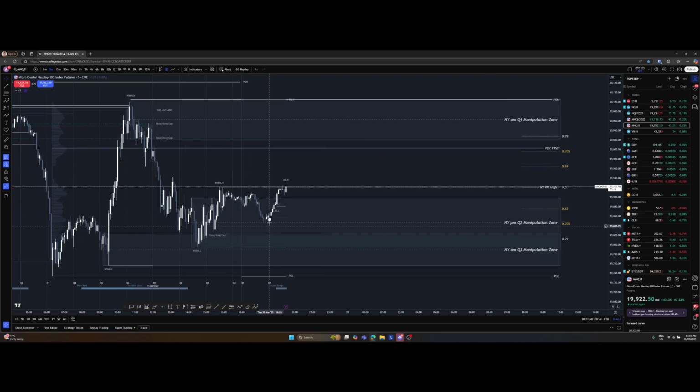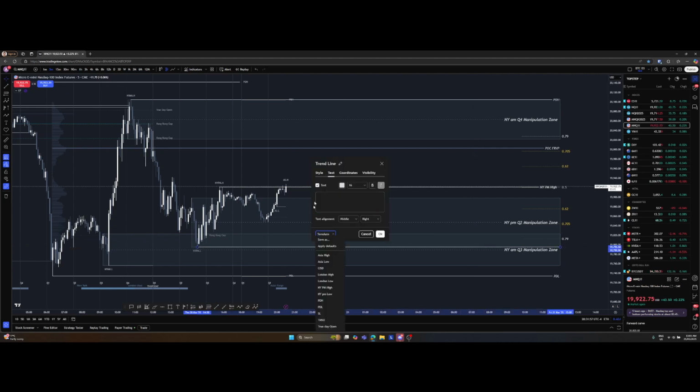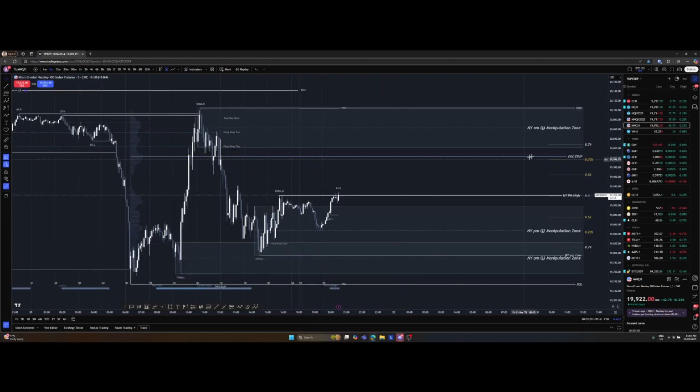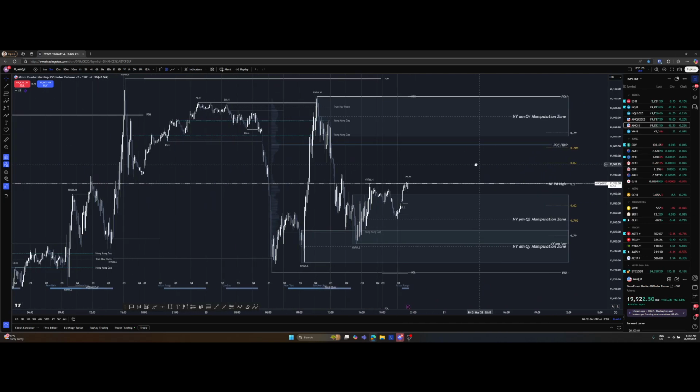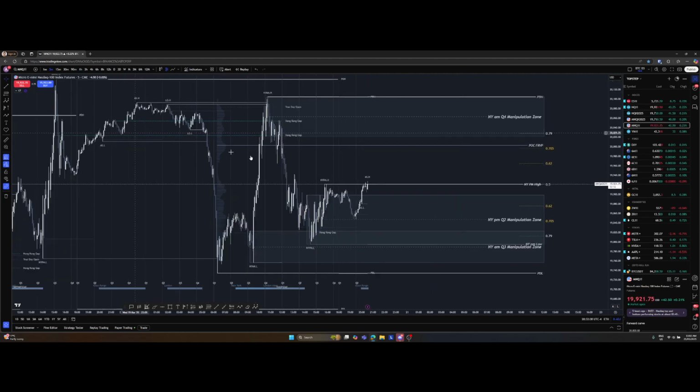So if anyone longed that 50% mark here or that 7 PM macro, a good target here is that New York PM high. New York PM low. It's previous day.